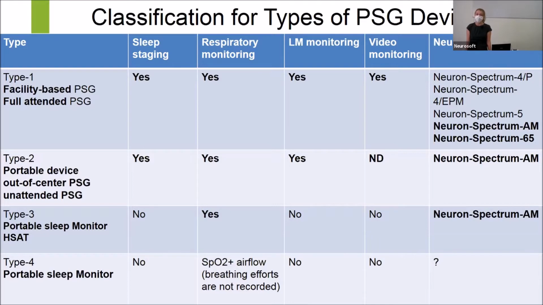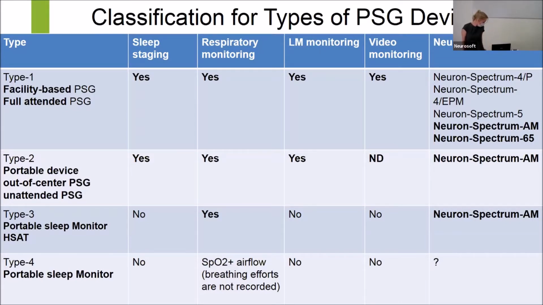With this system we can perform the test needed to identify obstructive apnea syndrome. Neurosoft can offer a modification of the Neuron-Spectrum-AM system, called Neuron-Spectrum-AM CRM, Neuron-Spectrum cardiorespiratory monitoring. This system is specially designed for home sleep apnea testing.